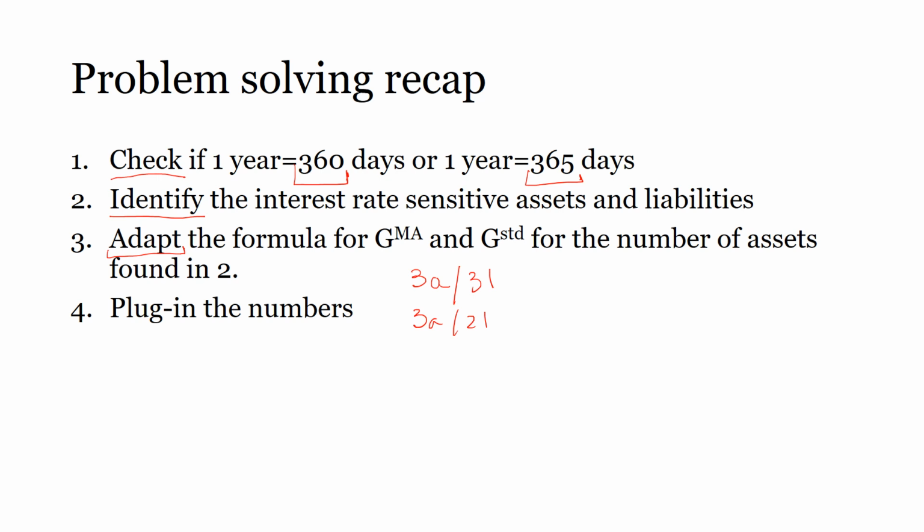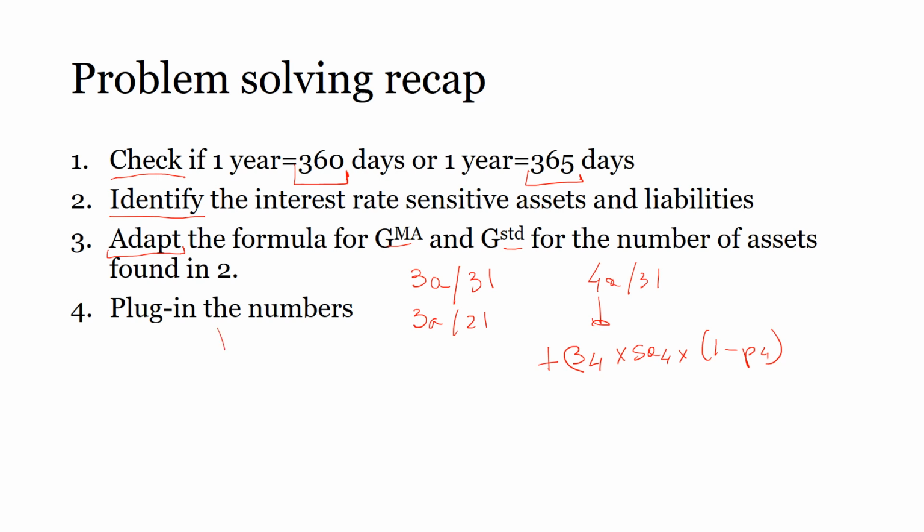But if in the exam question you have 4 assets and 3 liabilities, well, for the part of the formula of GMA and G standardized where you have the assets, you will have to add beta 4 times SA4 times 1 minus P4, and beta, S, A and P will be given in the table. If you have less, then you have to take the formula that are given here and you have to delete the ones that you don't need. But essentially, before using it, you have to adapt it.